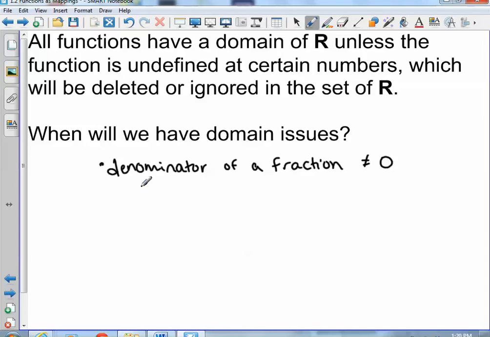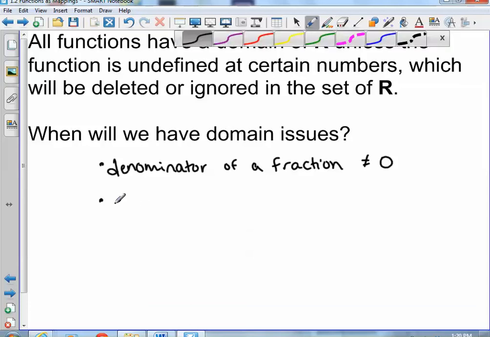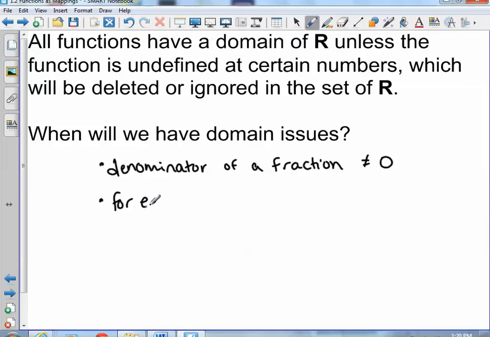So write it down. Two things you have to worry about when you're finding domain. If you have a fraction, the denominator can't be 0. And for even radicals, the radicand, that's the part underneath the radical, has to be greater than or equal to 0.